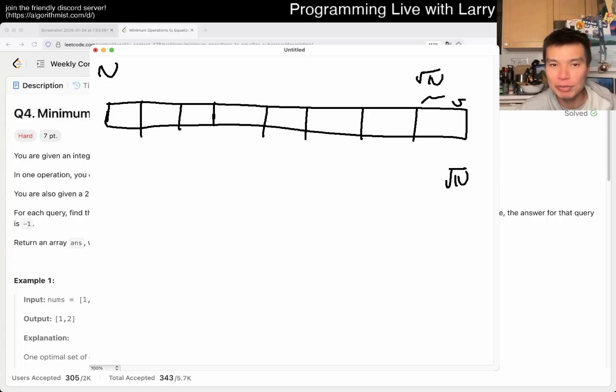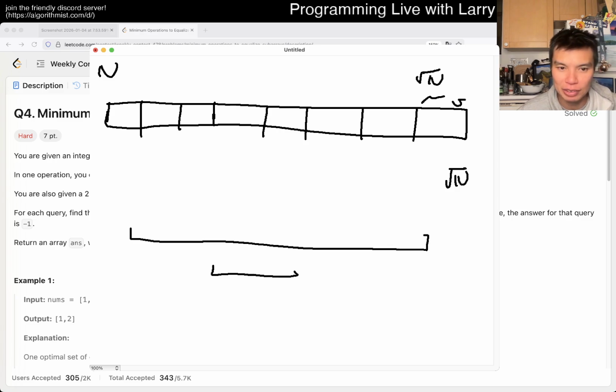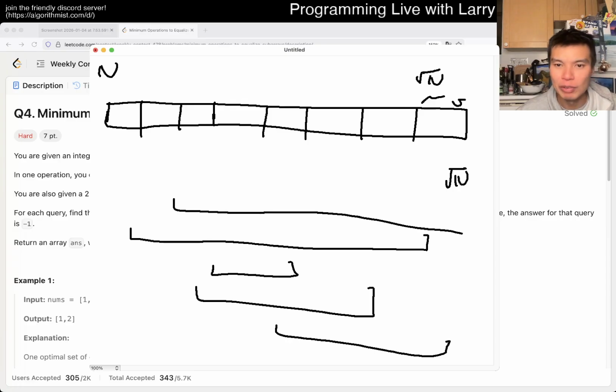And for Mo's algorithm, for these queries, you can think about them as segments, right? Each query is a segment, and they could go any which way. The idea here with Mo's algorithm, and the proof is kind of beautiful, if you ask me, it's very fun and interesting, is that, okay, what if we sort the queries by block, right?